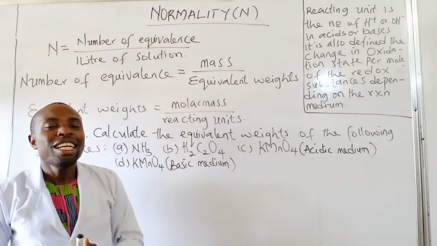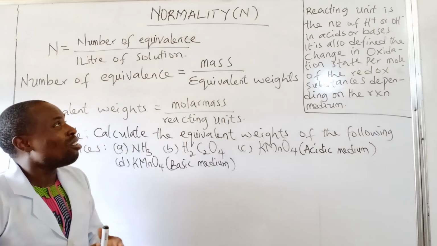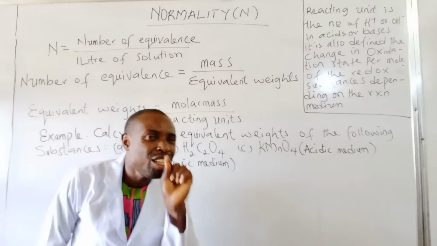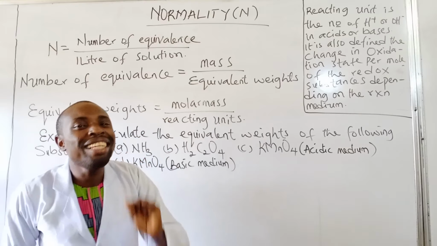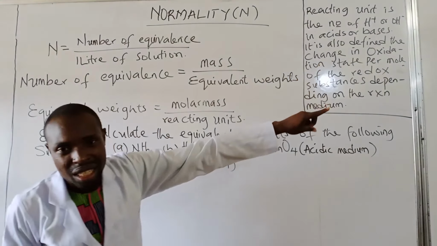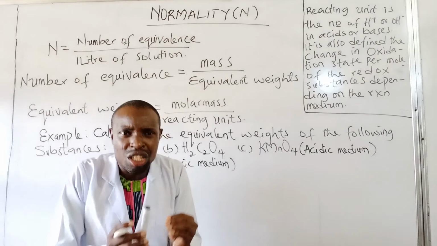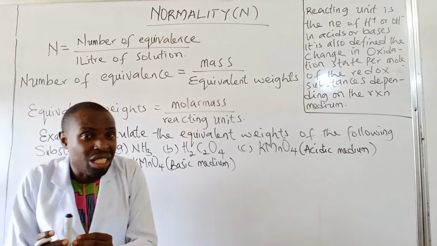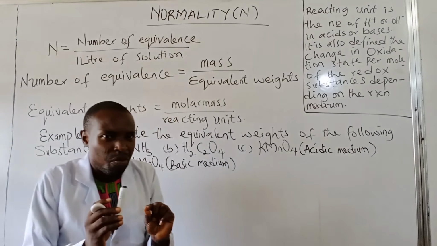Now, what is the reacting unit in this case? Simple. The reacting unit, as I define it on the board, is the number of hydrogen ions or hydroxide ions in the case of acids or bases. But when it comes to redox, which is reduction or oxidation processes, it takes another route entirely.